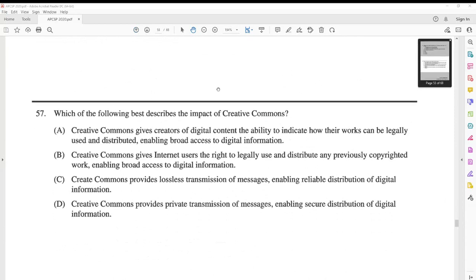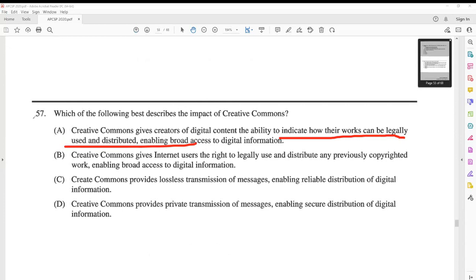Number 57, Creative Commons, the impact. Creative Commons licenses allow people to permit other people to use their work with protection. It keeps the creator's ability to control how the work is legally used and distributed.